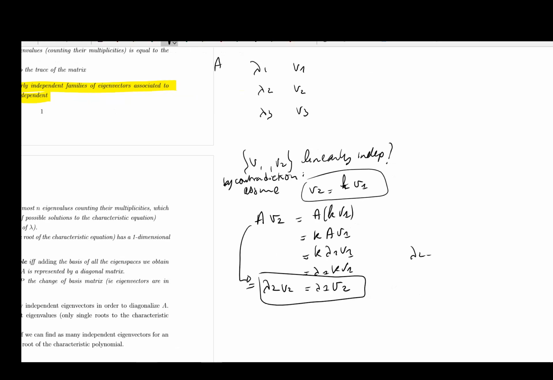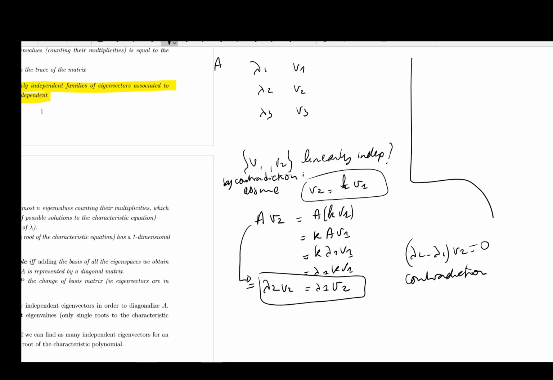It means that (lambda 2 minus lambda 1) times v2 is equal to 0, and as we assumed that v2 was different from 0 because it is an eigenvector, we get a contradiction. Because it would imply that lambda 1 is equal to lambda 2, which is a contradiction. So two eigenvectors associated to two different eigenvalues can't be collinear.